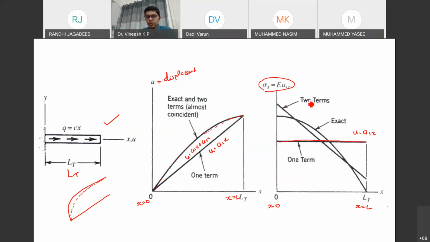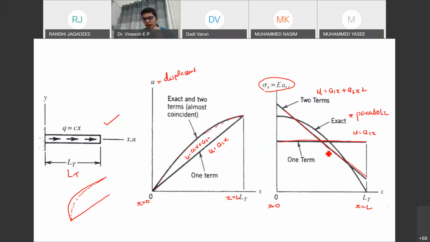When I assume two terms, u equal to a1x plus a2x square, the stress has a linear variation. But the exact solution has a parabolic variation.